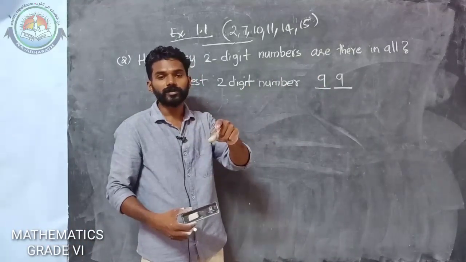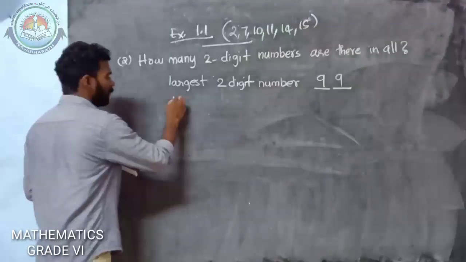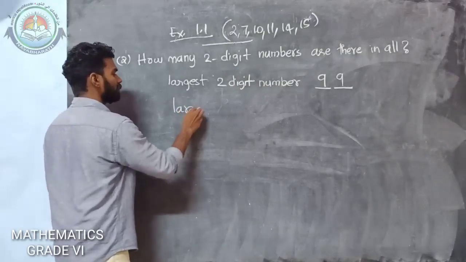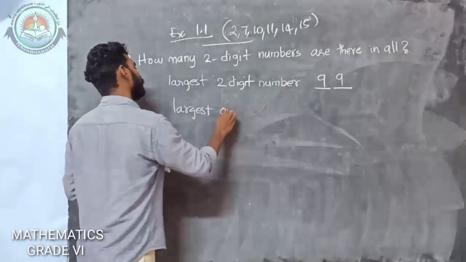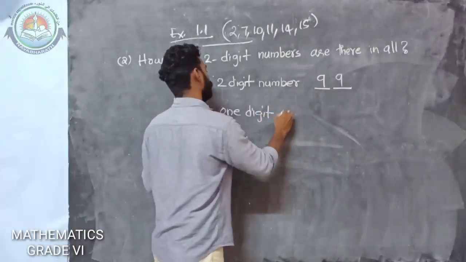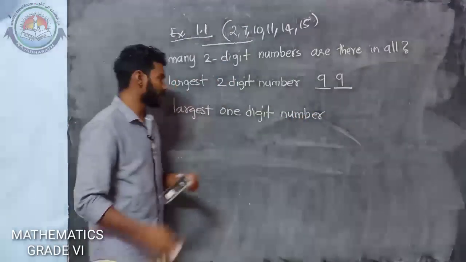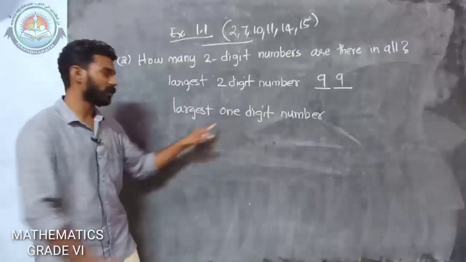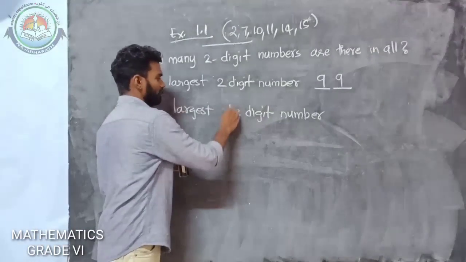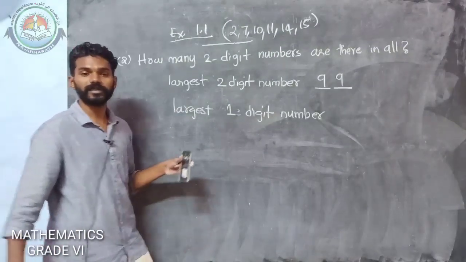Now you should consider the largest one-digit number. Largest one-digit number means how many places would be there in a one-digit number?